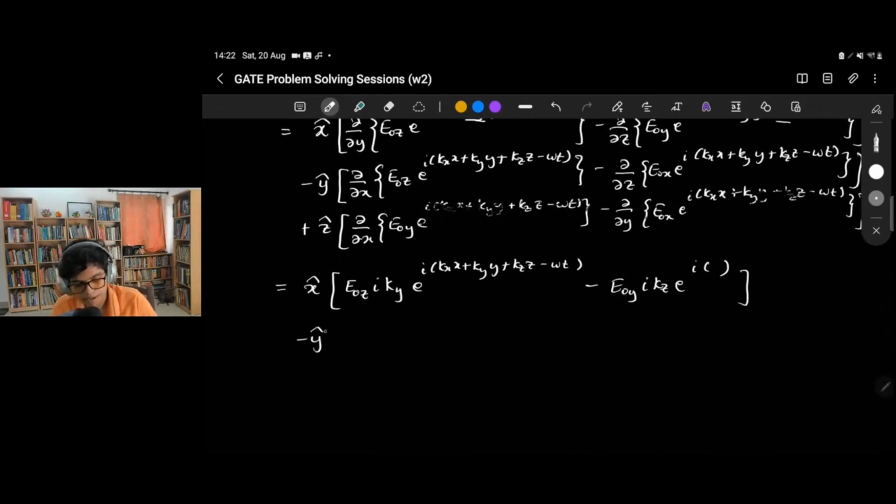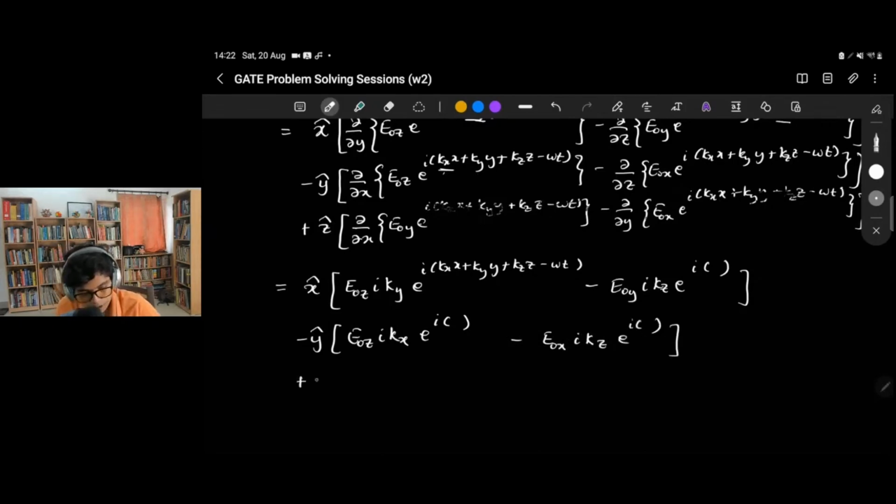Then minus y cap E naught z, this time i kx comes out because it is del by del x. So i kx will come out, and then the exponential. Then you have E naught x i kz and the same exponential.